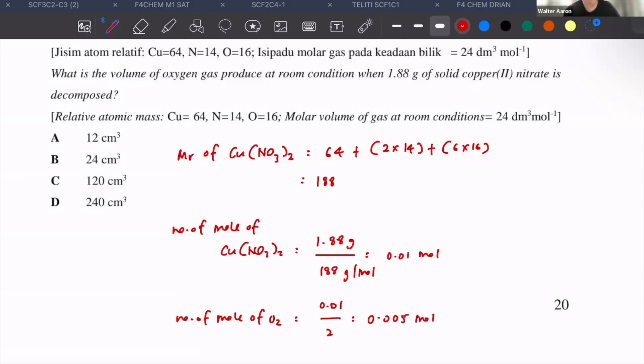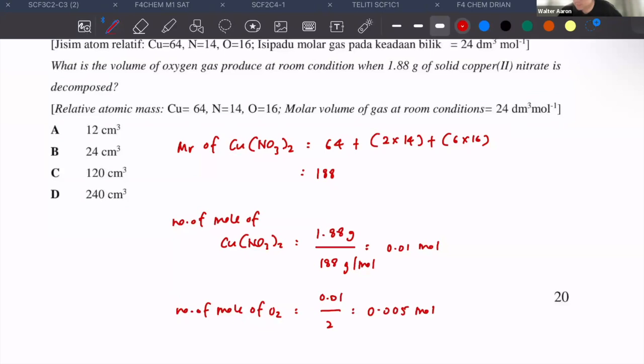Now that we have the number of moles, we can calculate the volume of gas produced at room conditions. Volume of gas will be number of moles multiplied by molar volume.